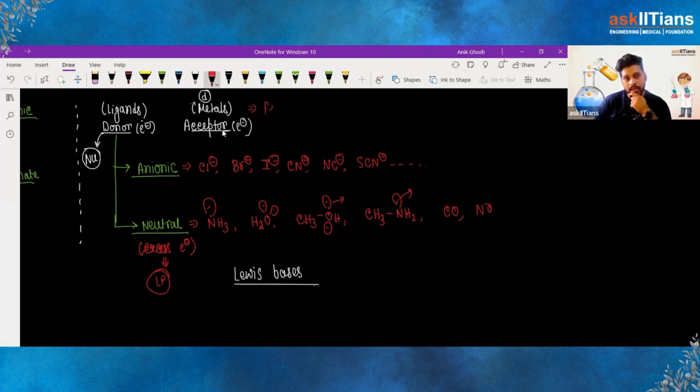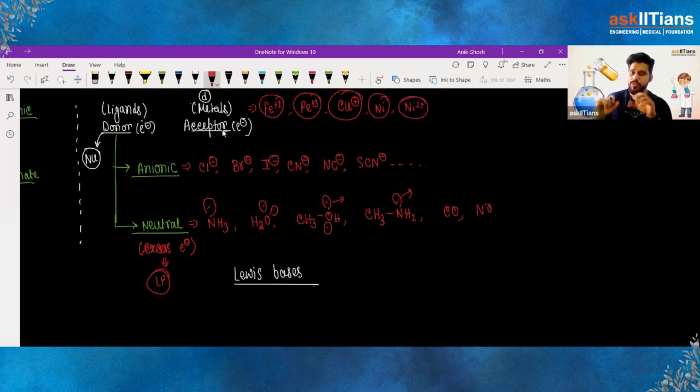We are going to see iron in the +2 state, iron in the +3 state. Then we can see copper in the +1 or +2 state, both you can see. Ni in the 0 state or Ni in the +2 state.